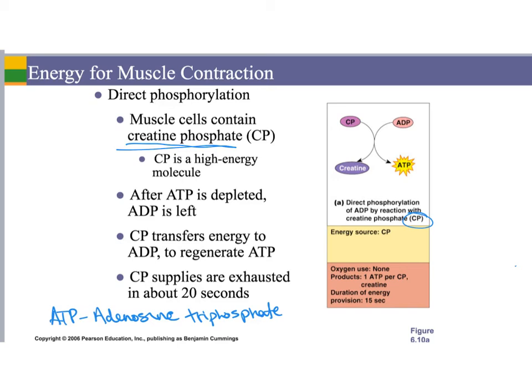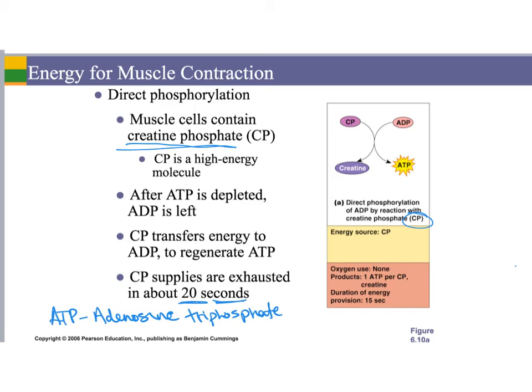But creatine phosphate, even though muscle fibers have 5 times the amount of creatine phosphate as other body cells, the supplies get exhausted very quickly, about 20 seconds is all you have with the creatine phosphate that occurs naturally within your muscle fibers.